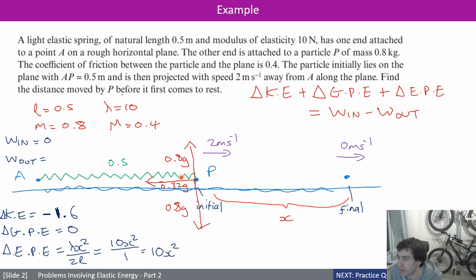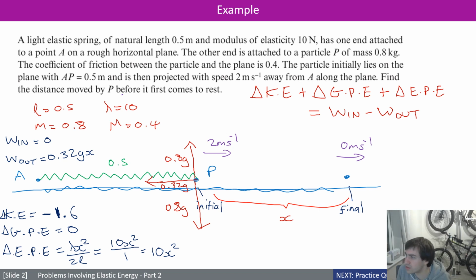So that means some energy is lost from the system. That's going to be the friction force times the distance over which it acts. So that friction force is 0.32 g, and it's going to act throughout the motion where it travels this distance x, right? Effectively, work done is force times distance, right? So work done against friction is 0.32 g times x. Okay, so we'll just write 0.32 gx.